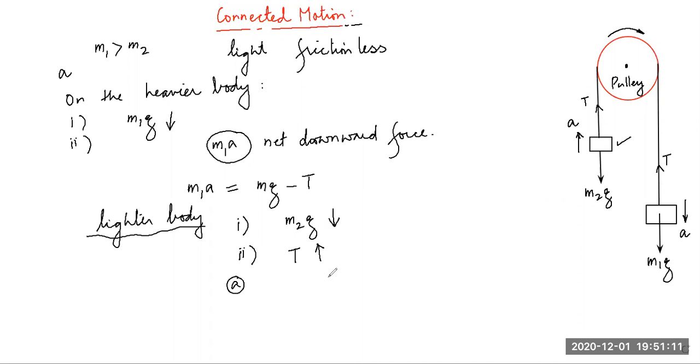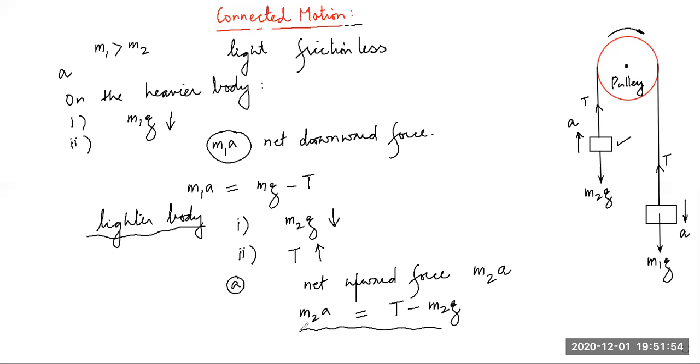So the net upward force acting on it would be m2a. And this net force acting upwards would be equal to tension T minus m2g, because m2g is acting downwards. Am I right?